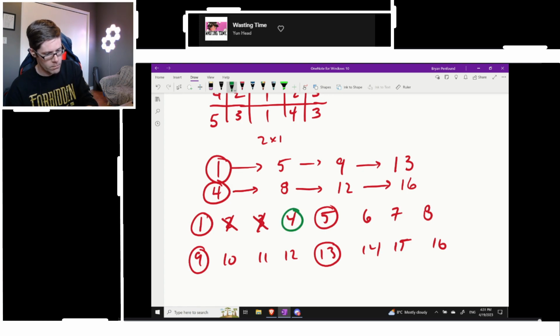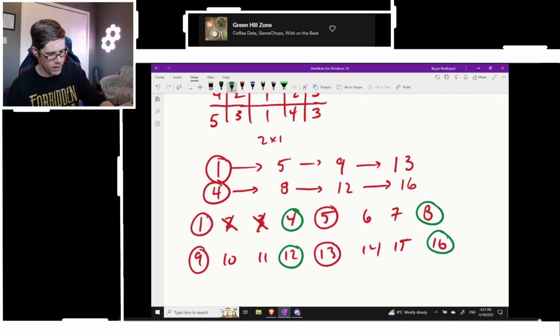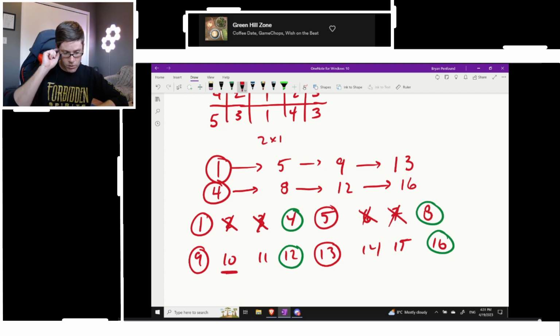4 works. 4 gives us 8, 12, 16, and so on. We know that 6 and 7 do not work. So the next one that we would want to check would be number 10. Is it possible to build a 10? A 10 that worked?